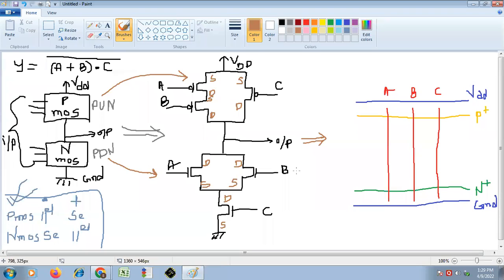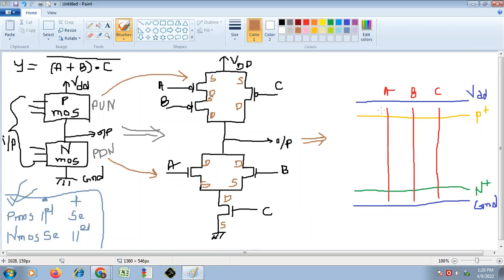So now what we have to do, we have to mark here also, so that there will not be any confusion. The source of A and C is connected.